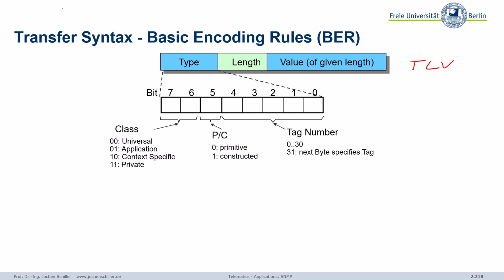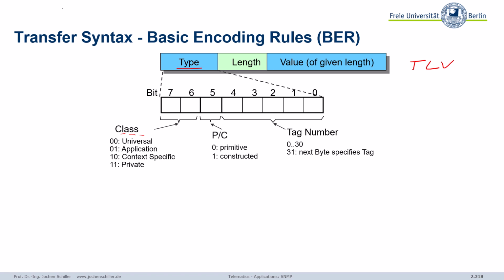First, we describe the type. For our simple example, internet, host to network, this was only integer. Here we can do a lot more. We can say, is this what different classes? So there are different classes of data types: universal, application, context specific, etc. I won't go into the detail, look up the standards.